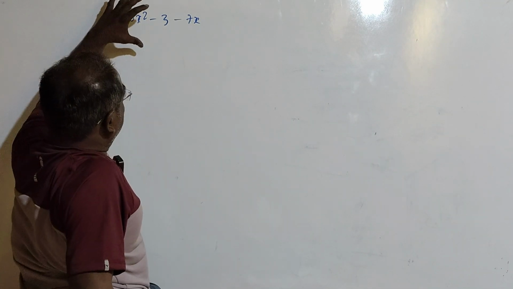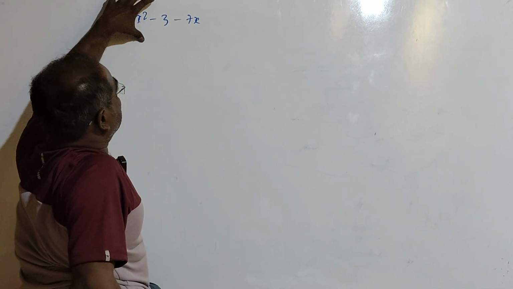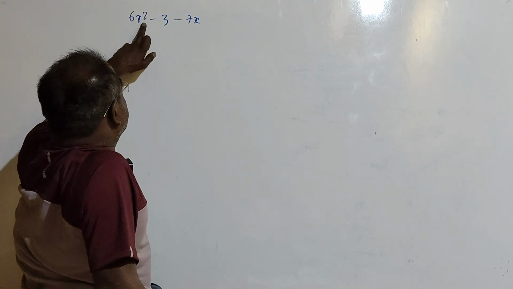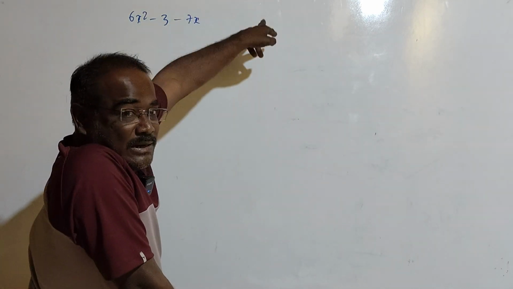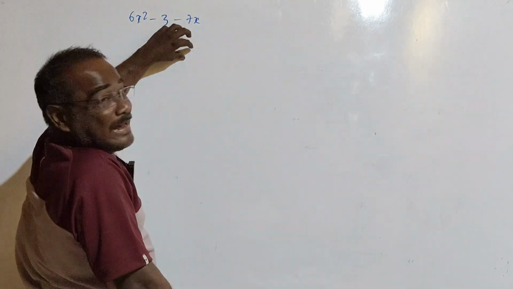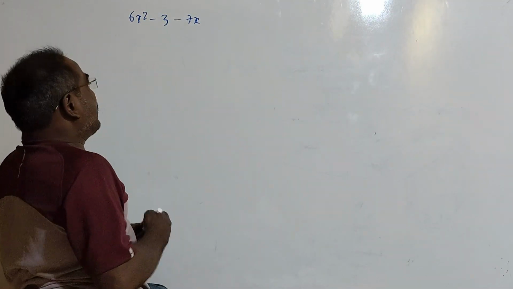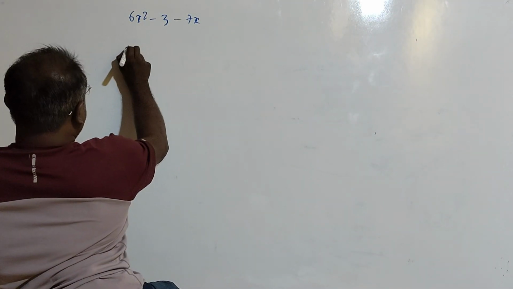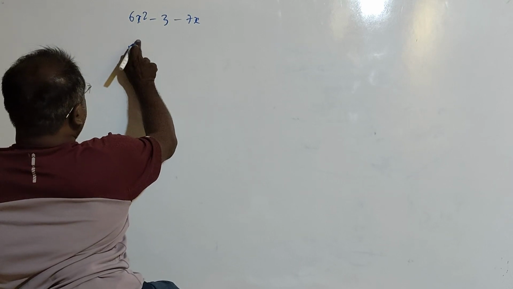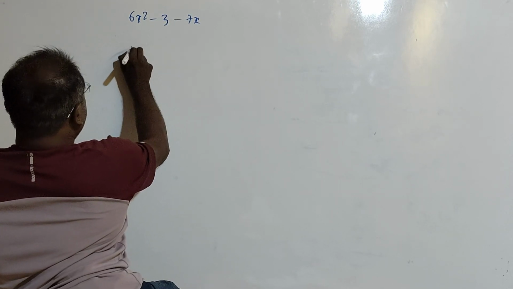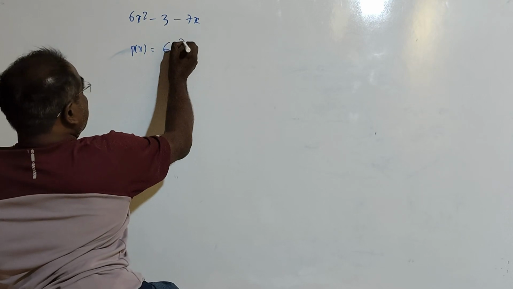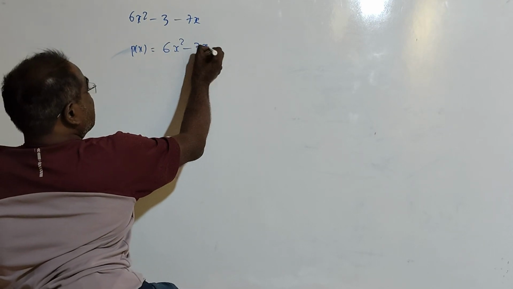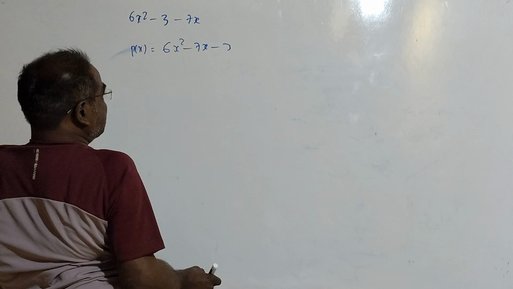We need to arrange this problem in decreasing order: x power 2, next comes x power 1, next comes x power 0. We need to arrange this first. So P of x equal to 6x square minus 7x minus 3.